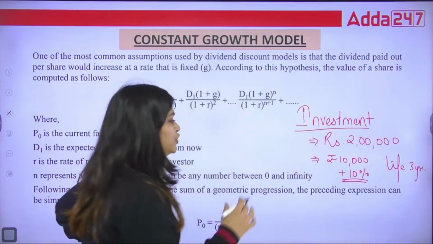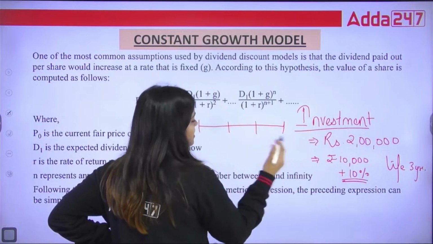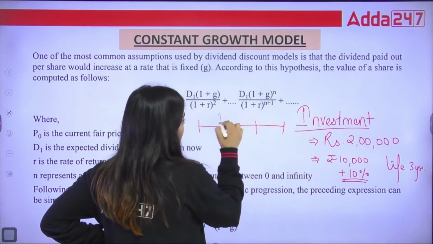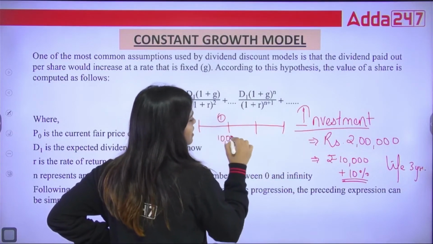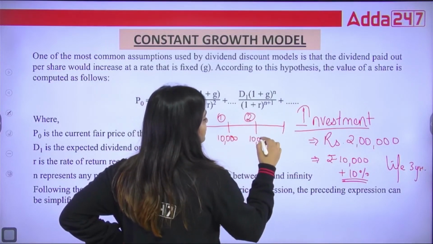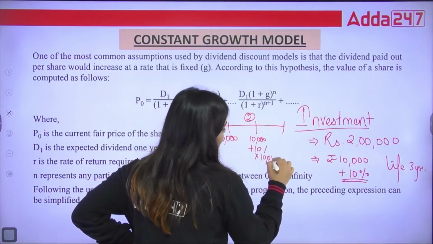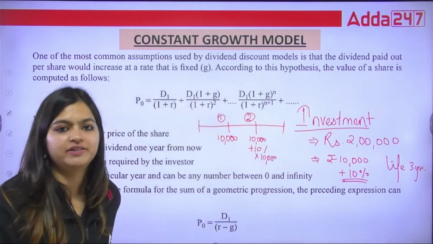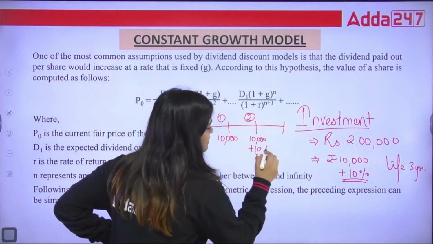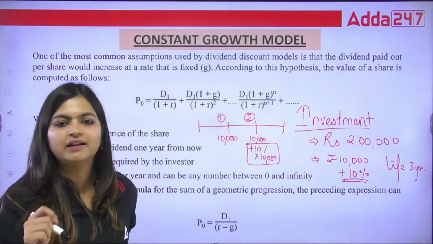So what you can understand from this is that in your first year you are going to receive 10,000 for sure, but in the second year you are going to receive 10,000 plus 10% of 10,000. This is the final amount that you are receiving. So this amount of 10% into 10,000 is your growth.